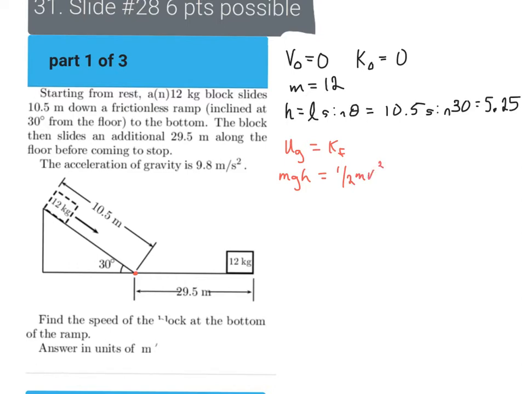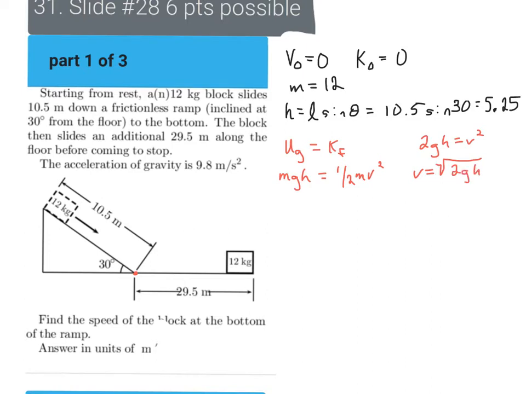So we'll find out really quickly that we don't need the mass, it'll reduce out of our equation, and we can clean it up a little bit to solve for v. So we get rid of mass. The 1/2 will move to the left-hand side, so that's going to give us 2gh is equal to v squared. And at this point, this equation should look familiar because we've used it countless times before. Velocity is the square root of 2 times gravity times height.